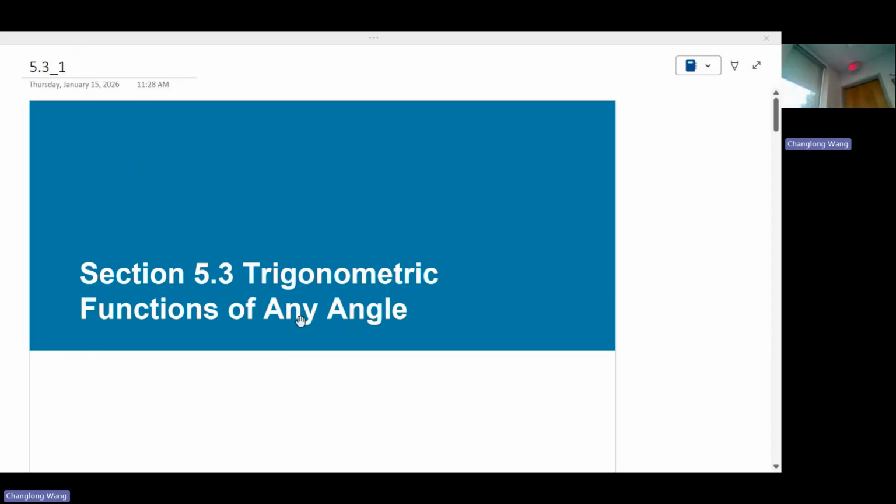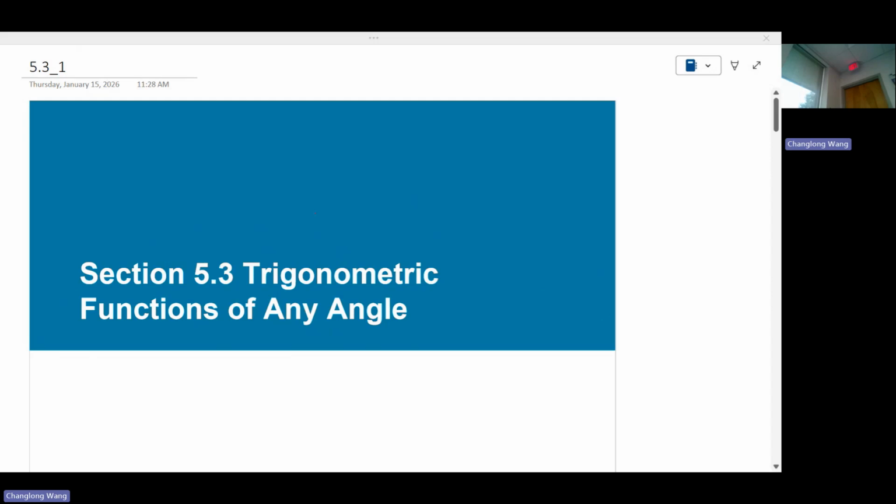So let's say I want P to be 1 unit away from the origin. The angle here will be, let's say, 60 degrees. Or you know what? Make the distance from P to the origin 2 units. Oh, I do have the special triangle here.